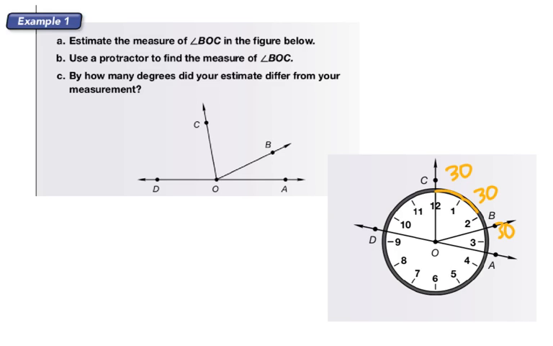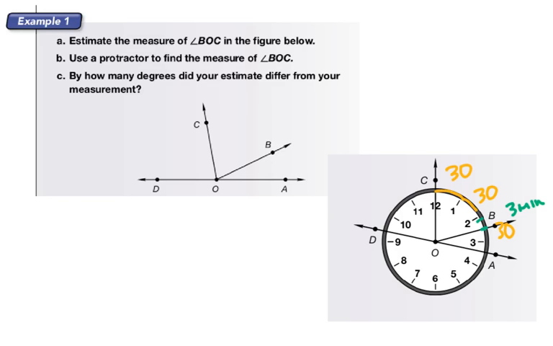And I know that there are 5 minutes in between here and here. So I'm probably going to guess that it's somewhere around the 3-minute mark. So that would be 3 minutes.